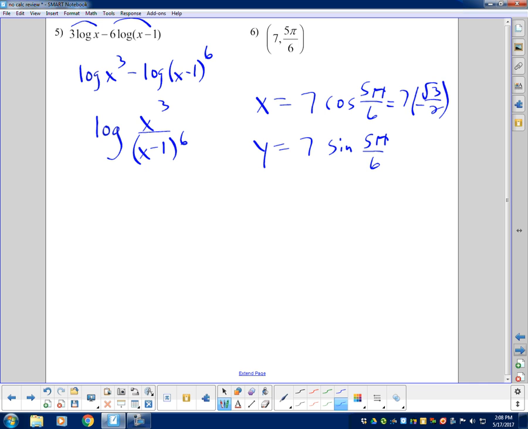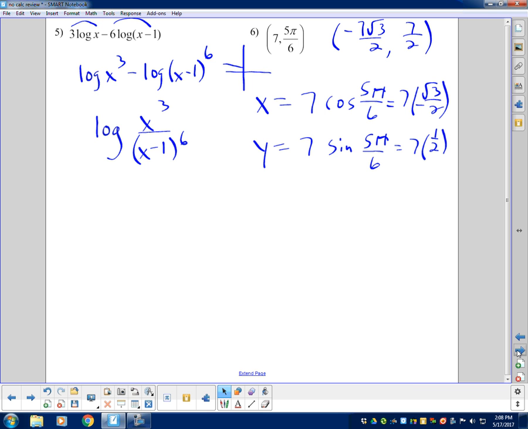Actually, negative root 3 over 2. Quick picture. This would be somewhere over here. And then sine of 5 pi over 6 would be 1/2. So it equals 7/2. So I get, in rectangular form, negative 7 root 3 over 2, comma, 7 over 2. That's number 6.